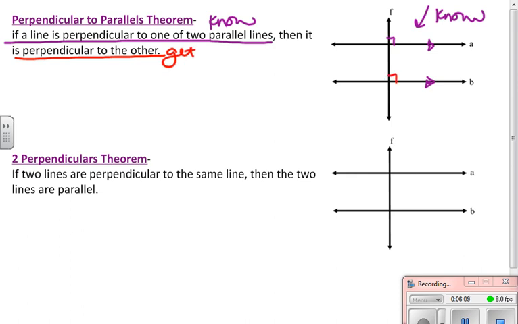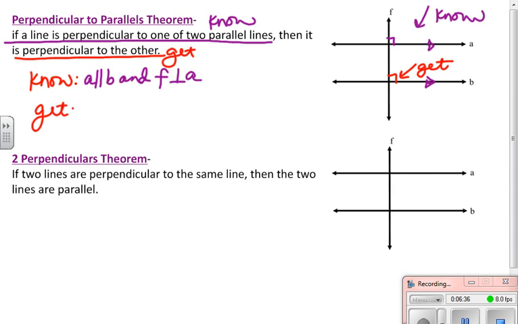So if I give you enough information that A is parallel to B and F is perpendicular to A, then you can conclude F is perpendicular to B. We could write it out: we know A parallel to B and F perpendicular to A, then we get to conclude that F is also perpendicular to B.